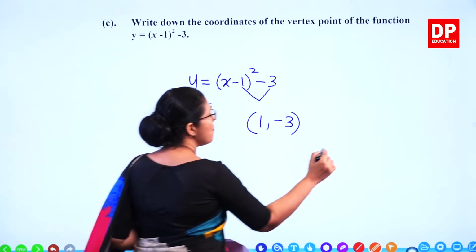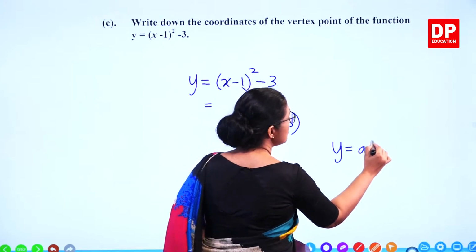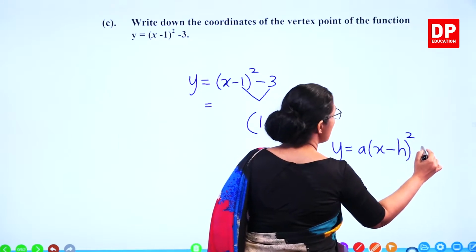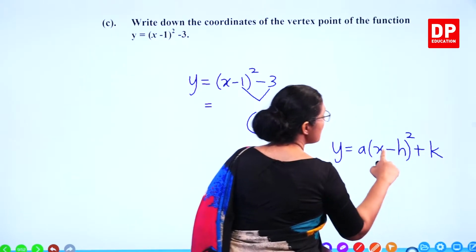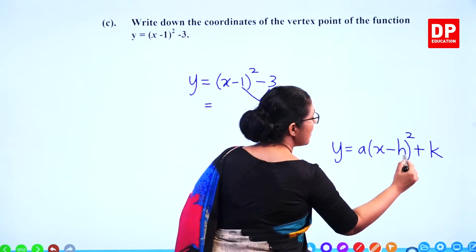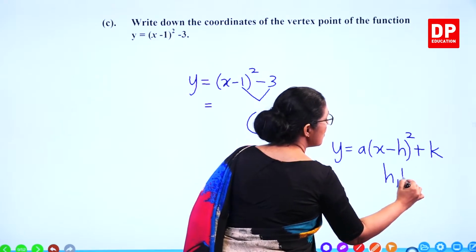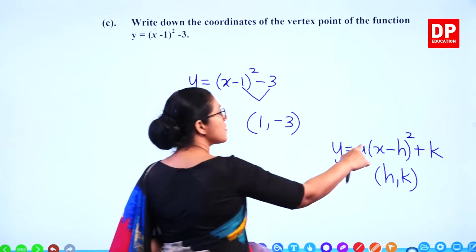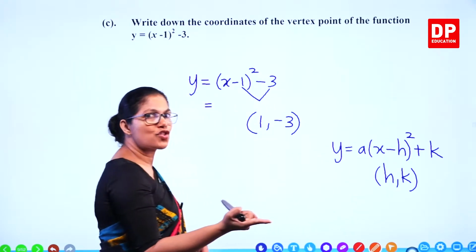So, you need to remember when you get any function in terms of, let's say, h and k, those are any constants. If this is minus, you can write the coordinates of the vertex point is h comma k. If it's positive, you have to take minus h.